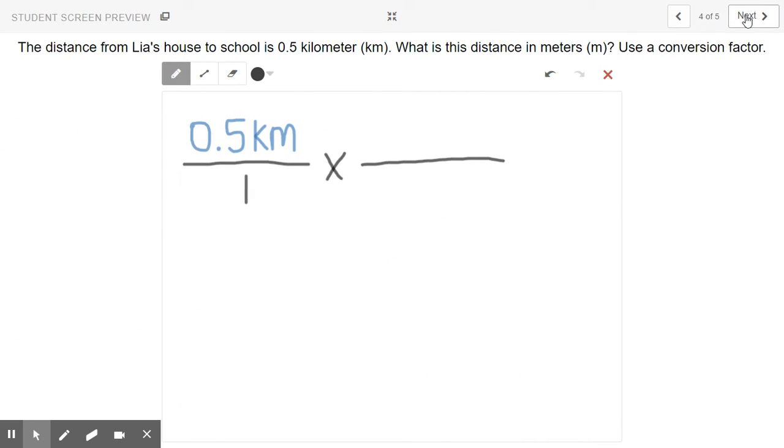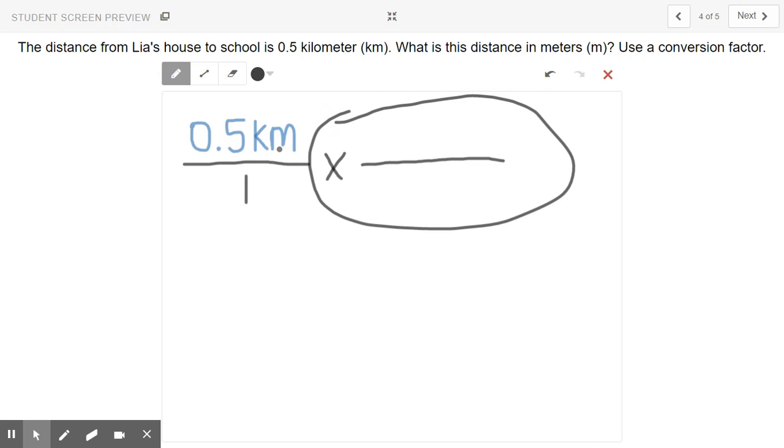The distance from Leah's house to school is 0.5 kilometers. What is this distance in meters? Use a conversion factor. Now, a conversion factor is something we multiply the number by to convert it from kilometers into whatever distance they want you to find. So the question is, what's this distance in meters?